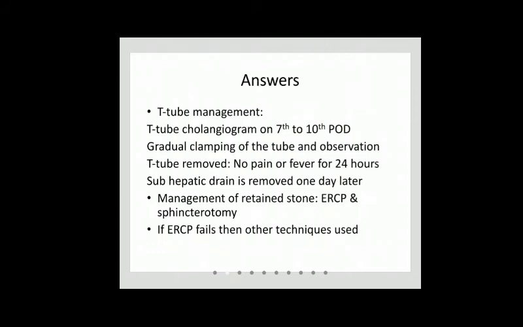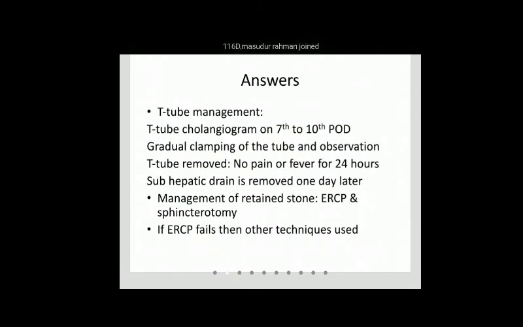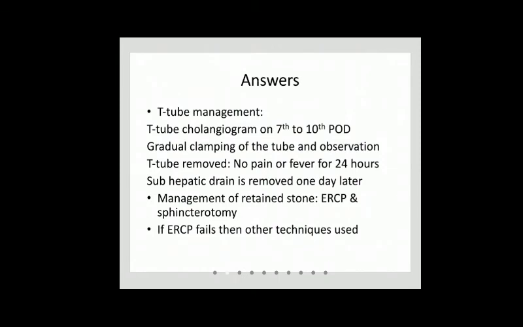So what is the important laboratory test for detection of obstructive jaundice after clinical diagnosis? What are the important laboratory tests? Serum bilirubin, liver enzymes, prothrombin time, and ultrasonography of the hepatobiliary system.